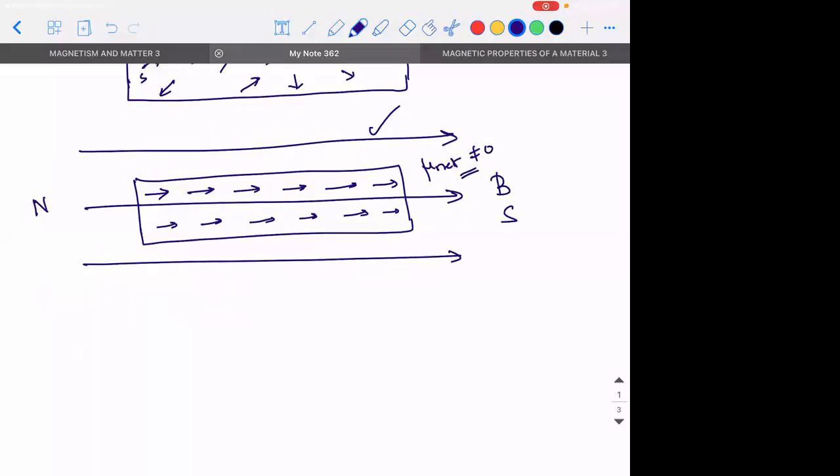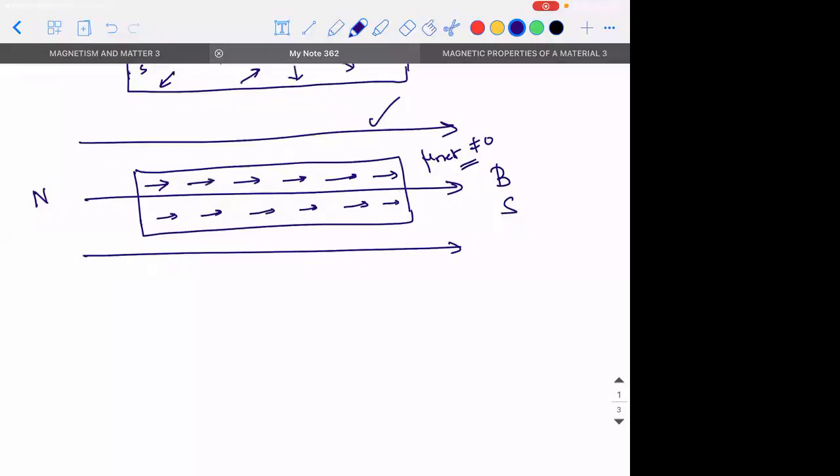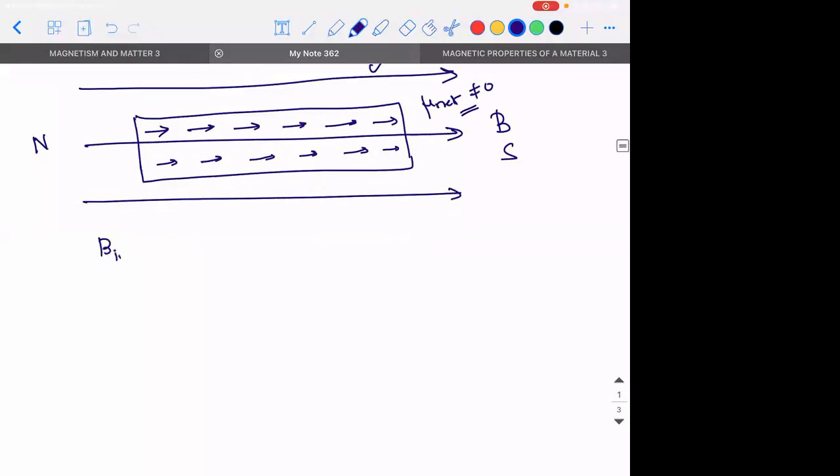Correct? As a result, can I say that there is going to be some magnetism present inside this material also? That induced magnetic field is what is given by the formula.